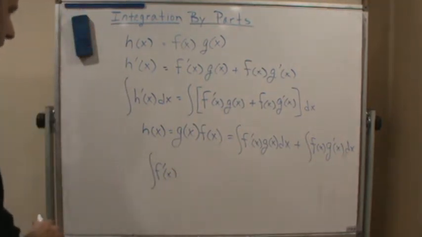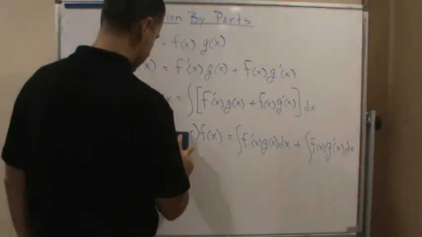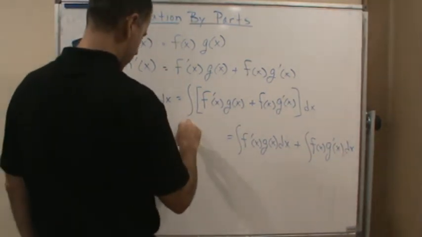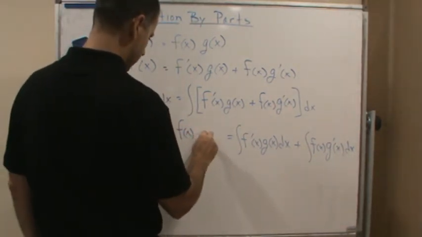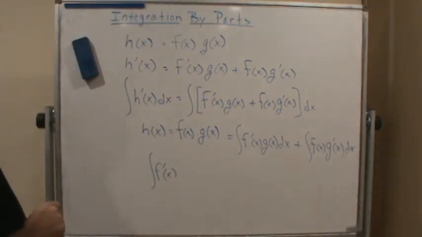Hold on, I want to make sure I subtract the right one. Let me rewrite this just to be consistent. So this is f of x times g of x.